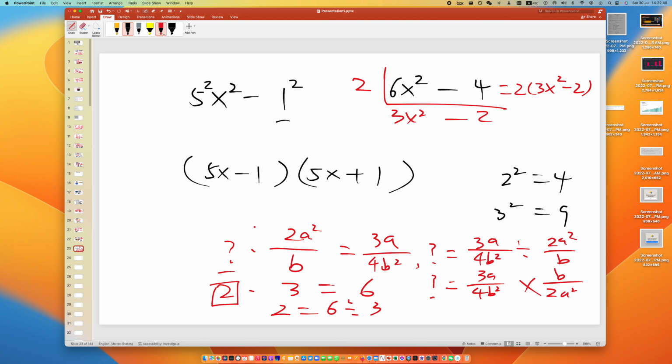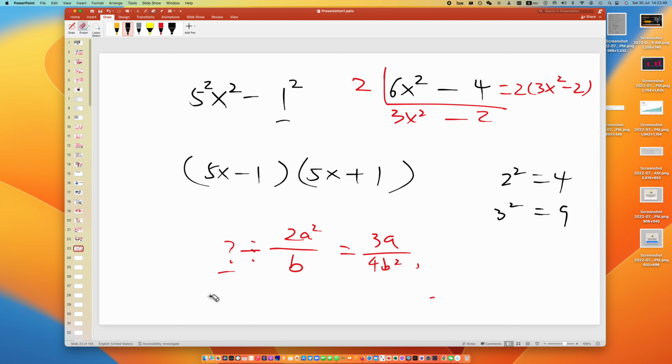So what if here is divide? You give yourself a divide example. What divided by what equals to what? 6 divided by 3 equals 2. Now you need to find the 6. How do you get 6? 3 times 2.